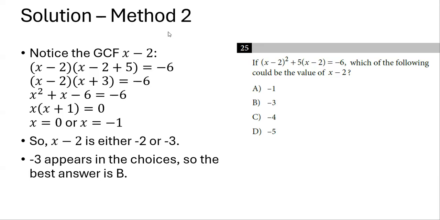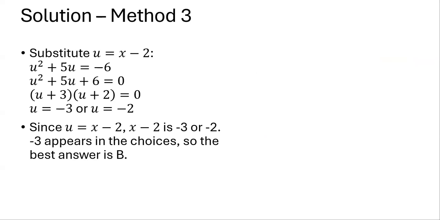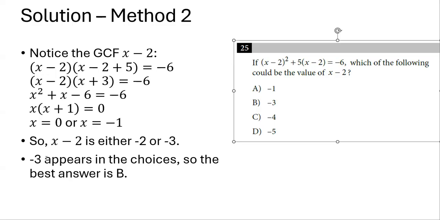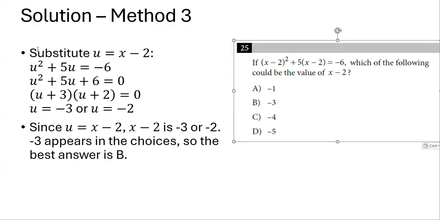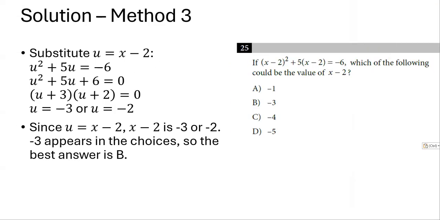The reason I wrote this solution is because of this x minus 2. Here's the fastest way to do it in method 3. Let's represent this x minus 2 as a new variable u. Let u be x minus 2.